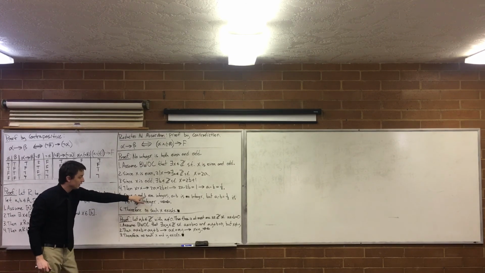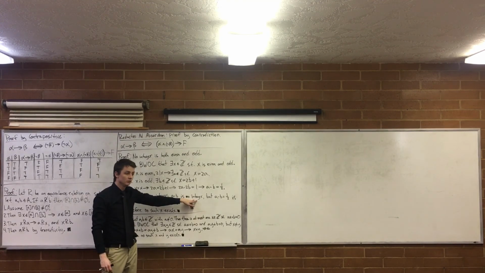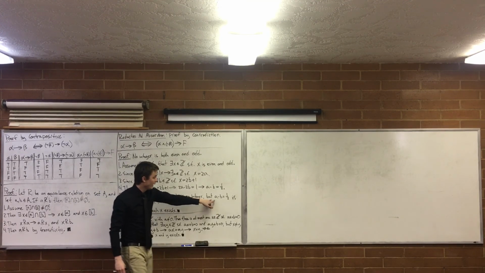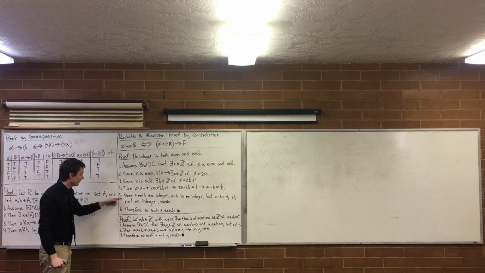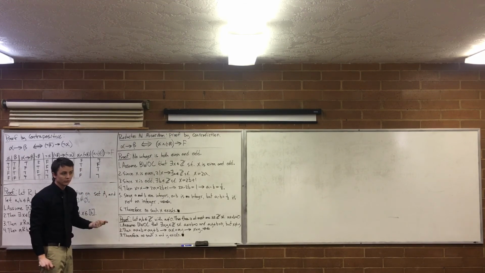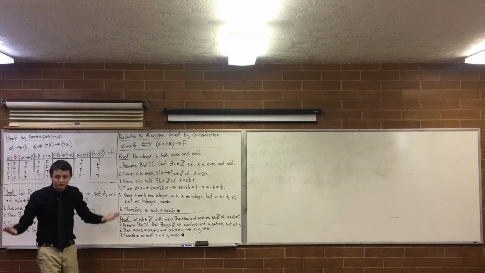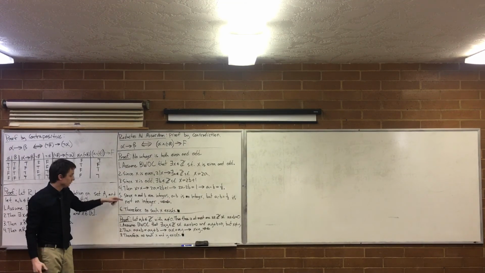Since a and b are integers, a minus b is an integer, right? But a minus b equals 1/2 is not an integer. So we have a statement that says a minus b is and is not an integer. That statement is obviously false.